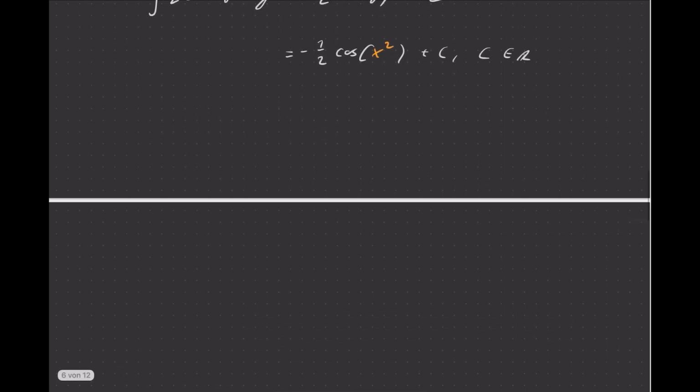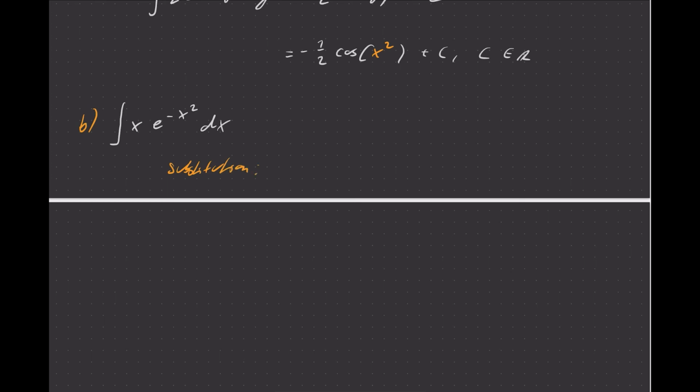One more example, just to be sure that you got it right. Pretty similar example, actually. Let's compute the integral of x times e to the minus x squared dx. Again, we want to do substitution.